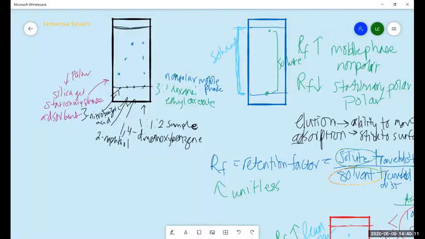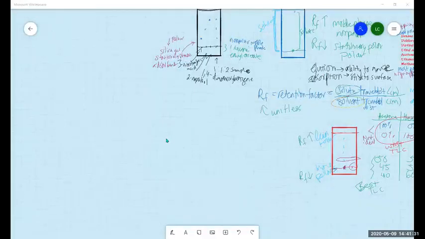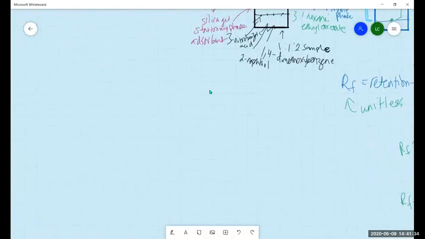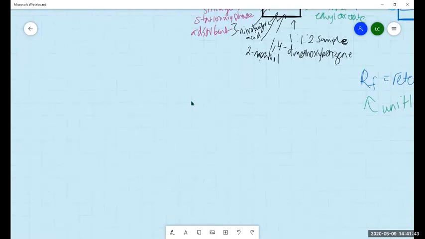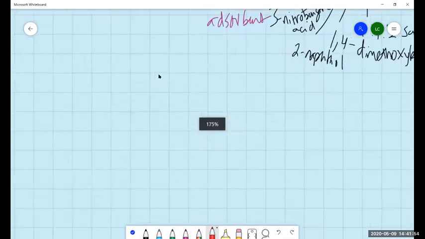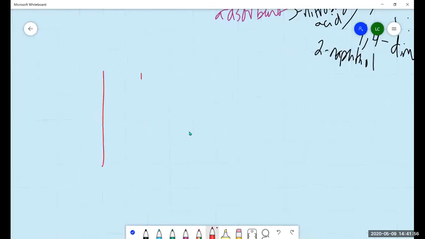Okay, I'm going to talk about column chromatography now. So column chromatography is slightly different from your TLC. So here's a column that I have.